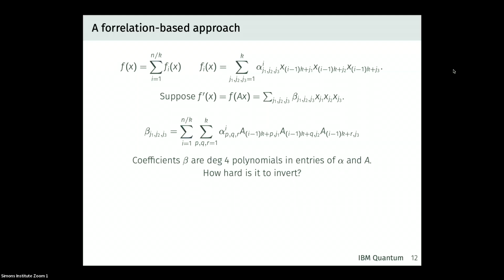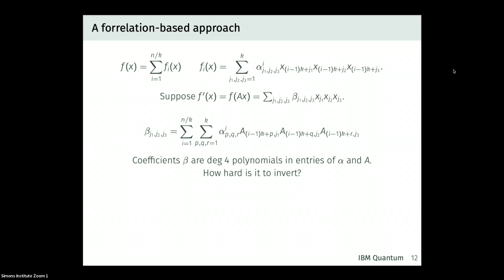Essentially these beta coefficients of this f prime function, the coefficients that we're sending to the quantum computer, can be viewed as degree 4 polynomials in the entries of the original coefficients, the alphas, as well as the entries of the matrix A. So this is basically a degree 4 polynomial.